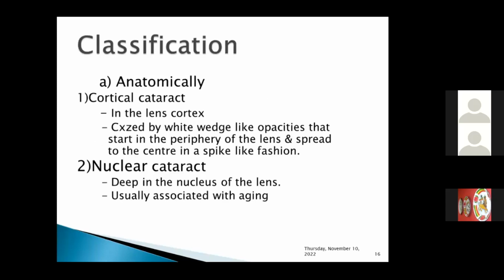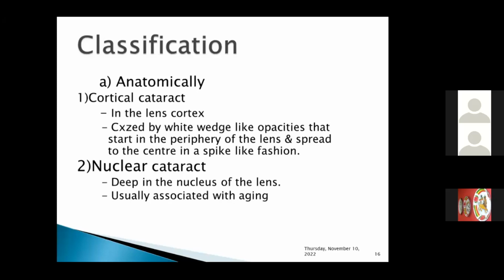Classification of cataract can be anatomical or etiological, and pediatric cataract has its own classification. The anatomical classification is based on the anatomy we discussed earlier. Cortical cataract is when the opacification is mainly in the cortex; clinically you see white wedge-like opacities that start from the periphery.